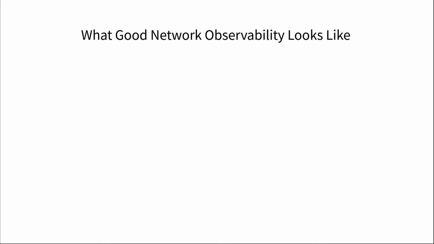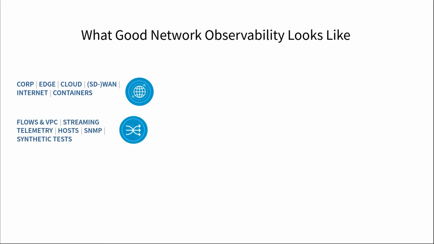At large, what does good network observability look like? This is the perspective of Kentik, and when you have good network observability, you're able to go grab all of the information. So any of your corporate space, any of your edge, your public internet, the cloud, so specifically AWS here in this context, all of your SD-WAN, internet, containers, go grab it all.